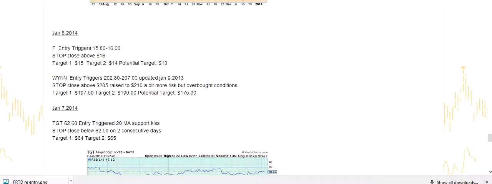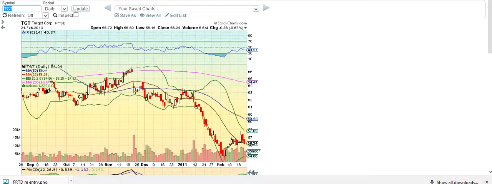Now let's take a look at Ford. Our entry was January 8th, anywhere from $15.80 to $16. This was a stop close above 16, so we were grabbing puts with a strike price of 15 and a strike price of 14, depending on your risk management and threshold. Our potential target was 13. Let's check out what Ford did after that mention.